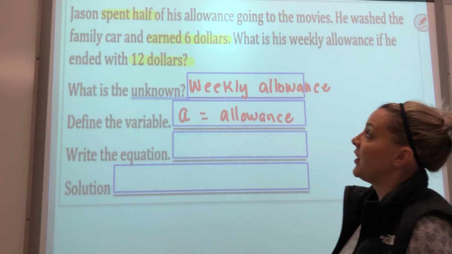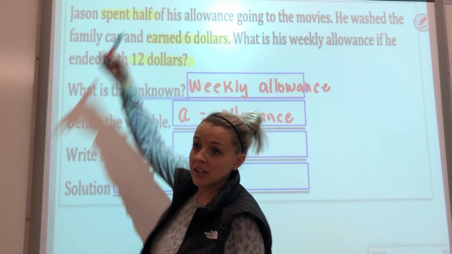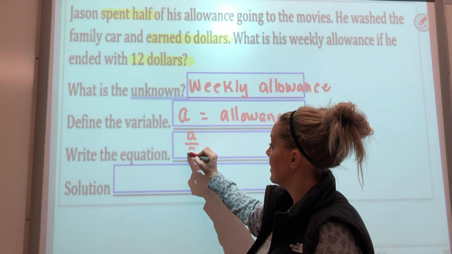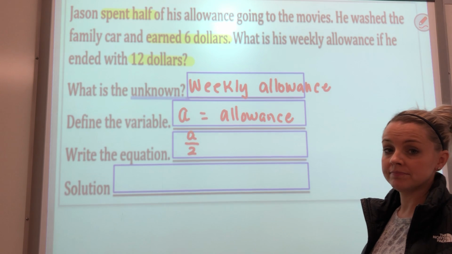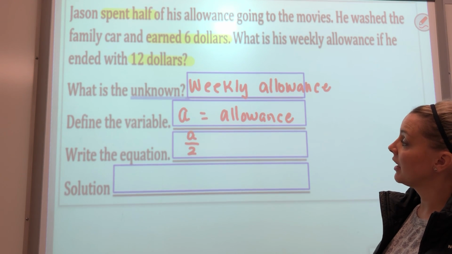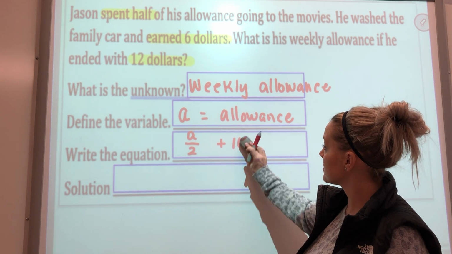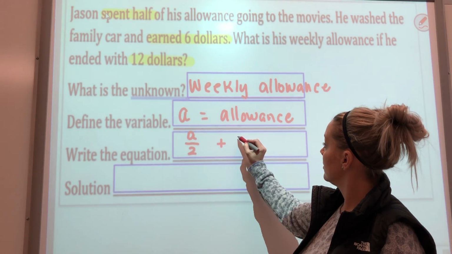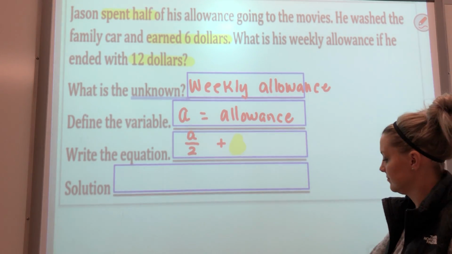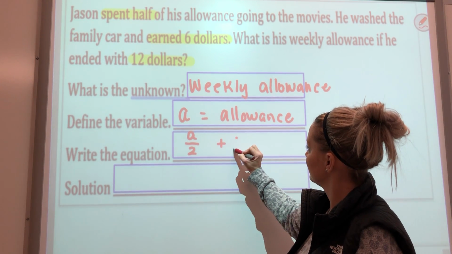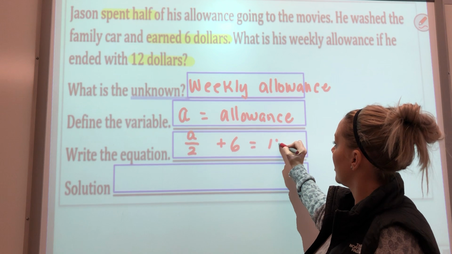Now, if he spent half, that means we're going to take our allowance and divide it by 2. He earned $6. And he ended up with $12.